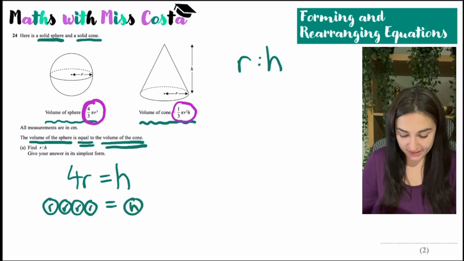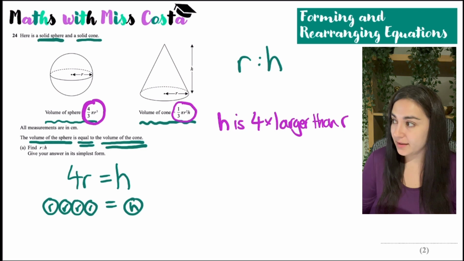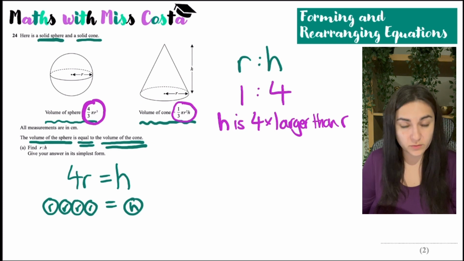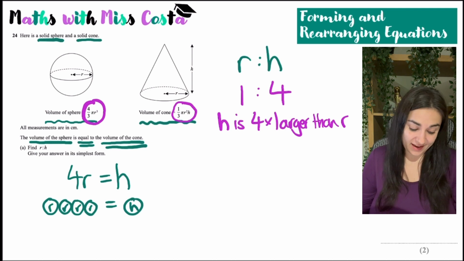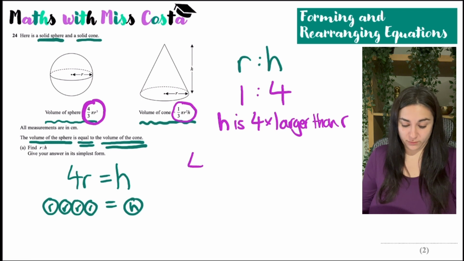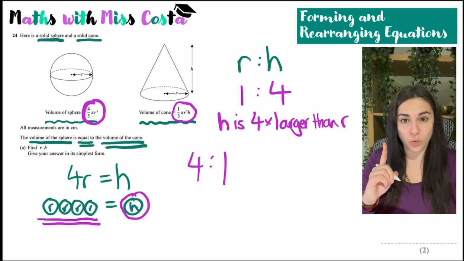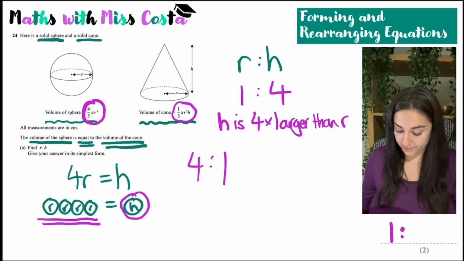So h is 4 times larger than r. If r was 1, h would be 4. So it's kind of like the inverse of what some people might automatically think. They think, oh, 4r is h, so therefore the ratio would be 4 to 1. But it's actually the opposite, because h is 4 times larger. 4 lots of r make 1 lot of h. So the ratio of r to h is going to be 1 to 4.